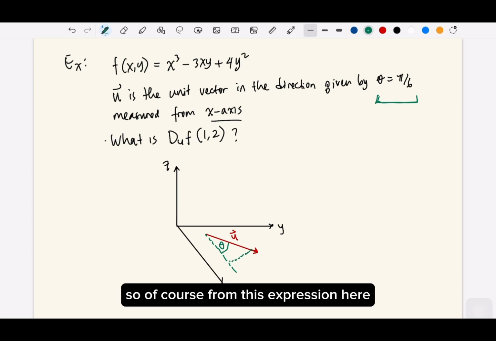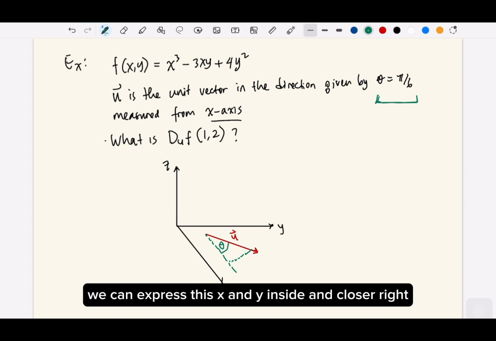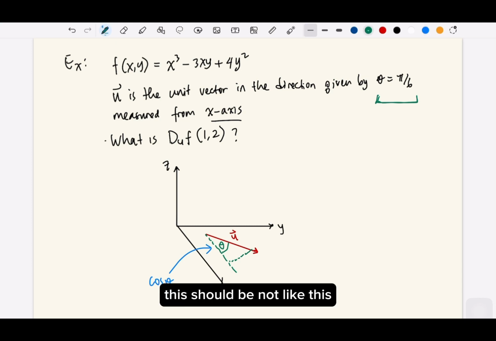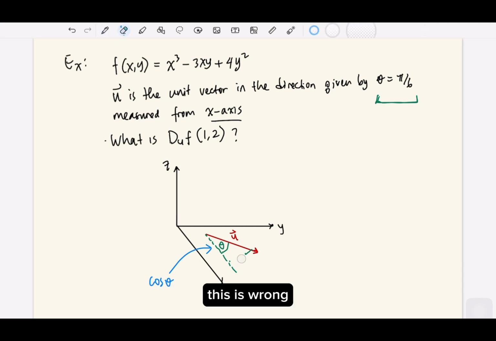So of course, from this triangle, we can express this x and y in sine and cosine, right? So here will be cosine theta. And this should not be like this, this is a little bit wrong.